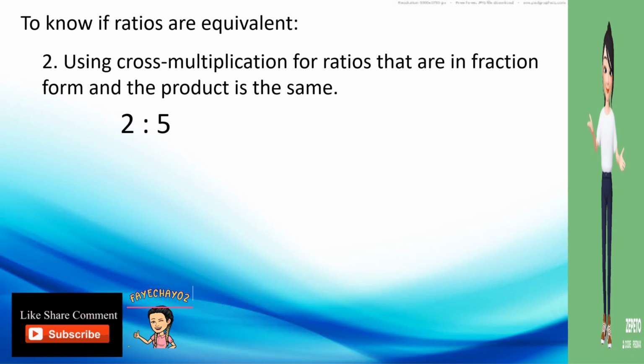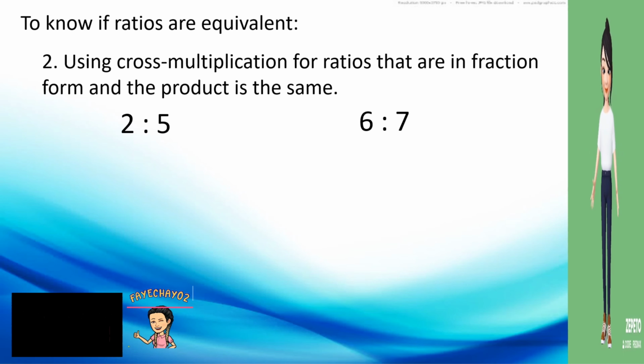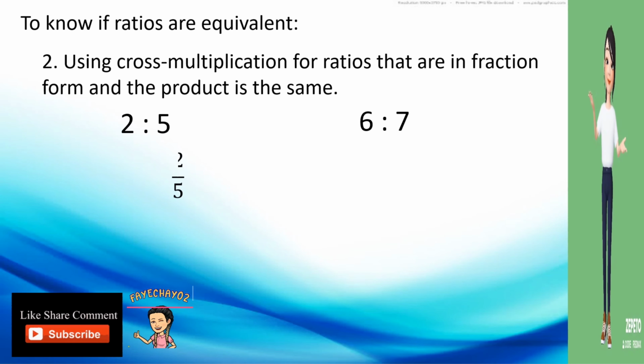Let us try another example. We have 2:5 and 6:7. So again, we will use cross multiplication. So again, we will change the two ratios into fraction form. So 2:5 becomes 2/5 and then 6/7.